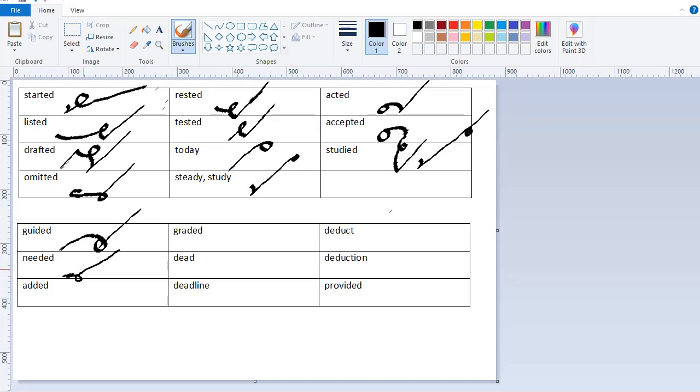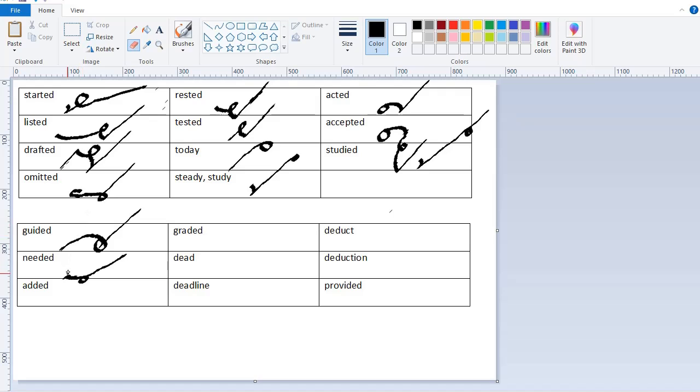Medyo nagmamalfunction na naman yung aking pen. Next, we have added. Ayusin na lang natin. So, we have needed and E-D.